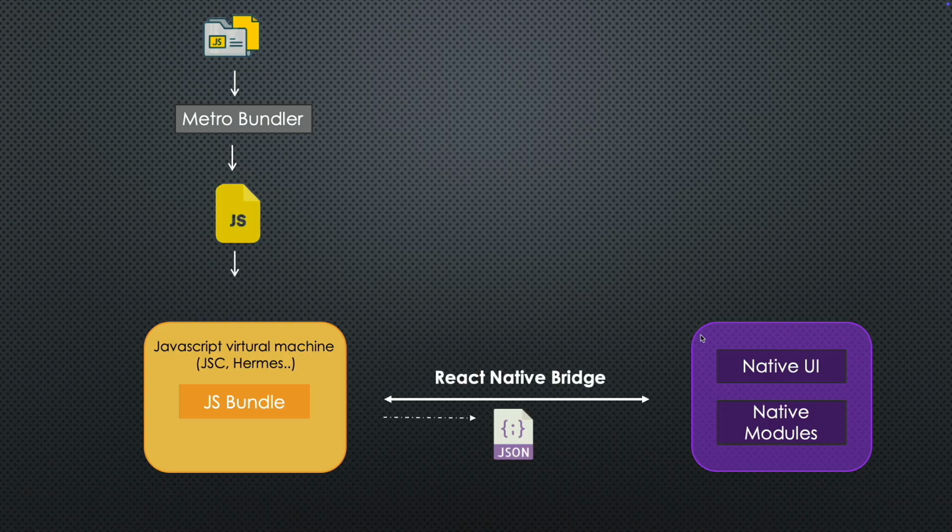The native side receives these messages, deserializes them, and calls the appropriate platform APIs to render the actual native component. I know it might sound a bit too much, so let's visualize this for better understanding.